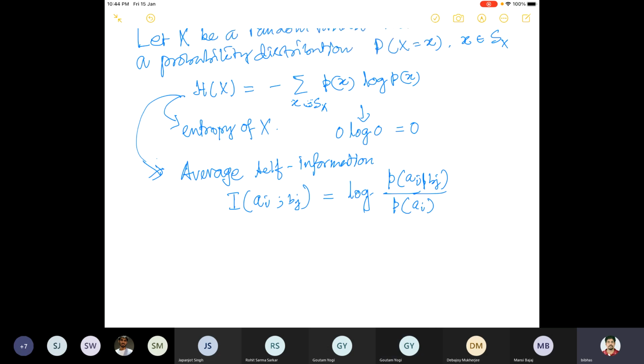This is how we define what is called mutual information.